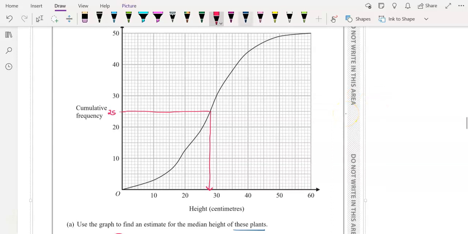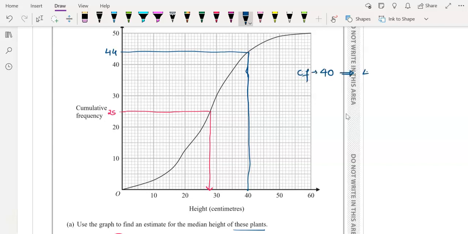So for 40, you start from here, 40, go to your graph. The corresponding value is 44. So the cumulative frequency CF for 40 is 44.